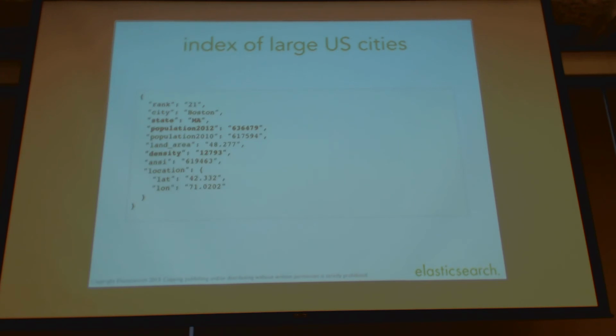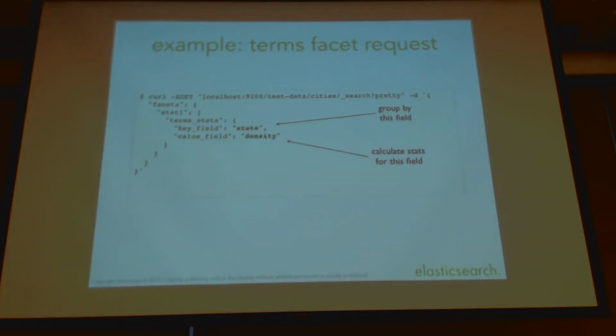So for example, suppose we had a data set of a large index of US cities with population metrics, land area, population density, lat long, geolocation, and some other basics about big cities in the United States.